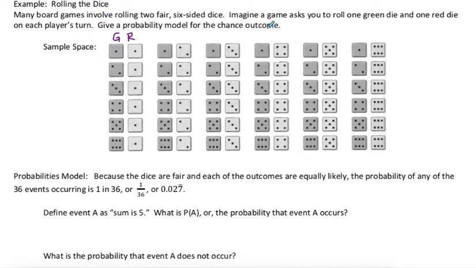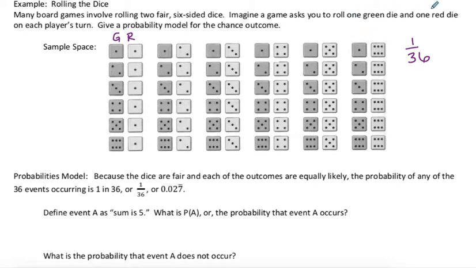So a probability model here would be, if we're adding them together or subtracting them, we would want to find what outcomes are more likely, less likely, and things like that. So each one of these would have 1/36 as its probability.